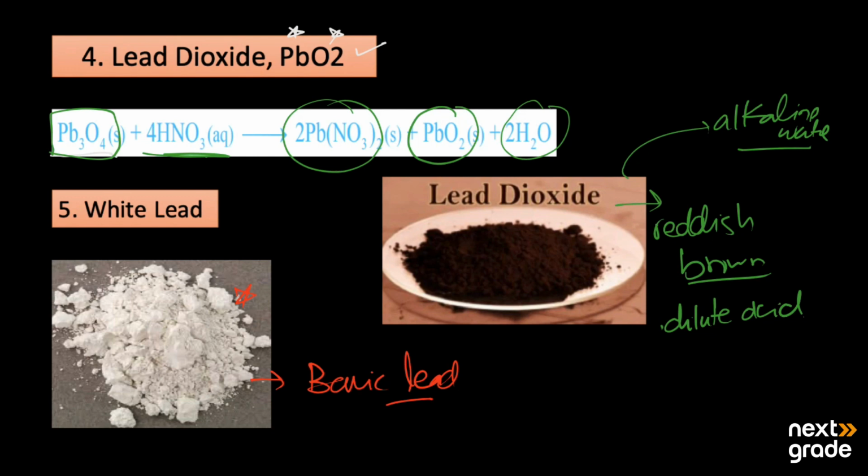Its main property is that it can readily mix in oil, and it has a good covering power. It may also become crystalline, as a covering power for many materials. So this was an overview about the oxides of lead in paint.